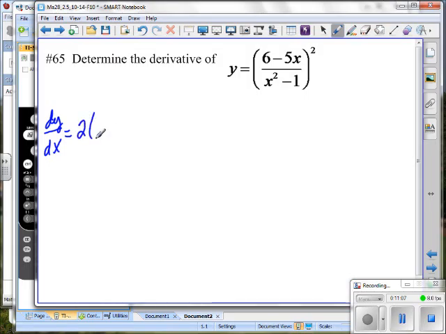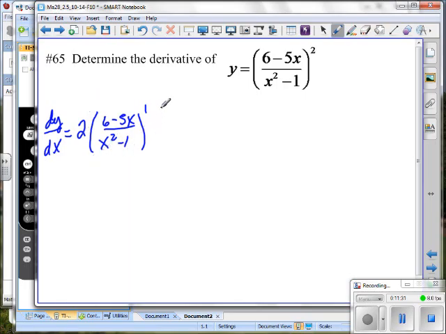Okay, so it'd be 2 times something to the first. Well, what is that something in here? Yeah, you got to write the whole thing out, so I'm going to give myself a little more room here. So it's 2 times 6 minus 5x divided by x squared minus 1. You can put a 1 up there if that helps remind you. But that's the outside function you just did.